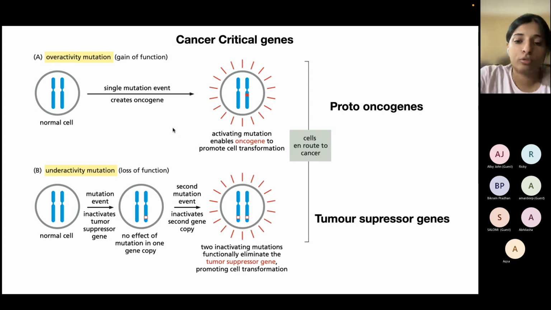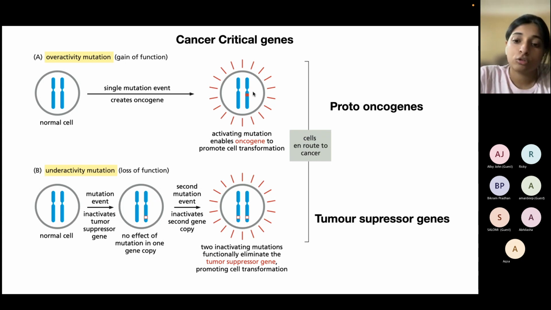So, proto-oncogenes are those genes that require an activating mutation, which means that they're expressed in a higher amount, their activity is enhanced, something like that. Some mutation that causes an activating nature, it enables the oncogene to promote cell transformation and ultimately form a cancerous cell.